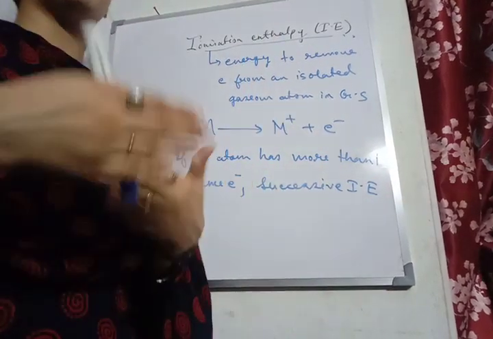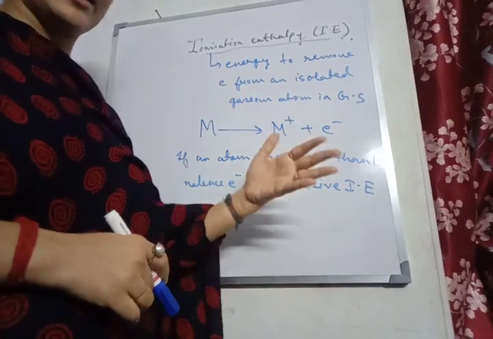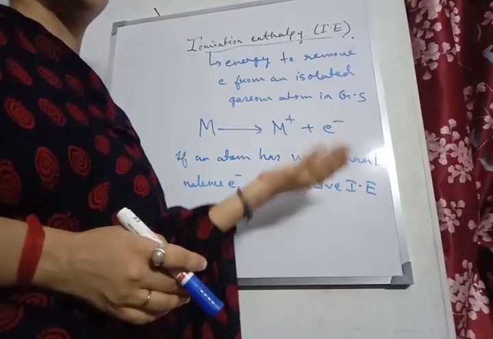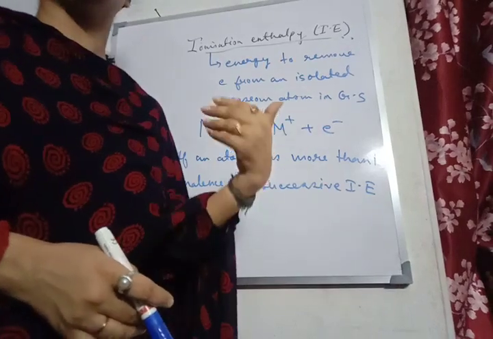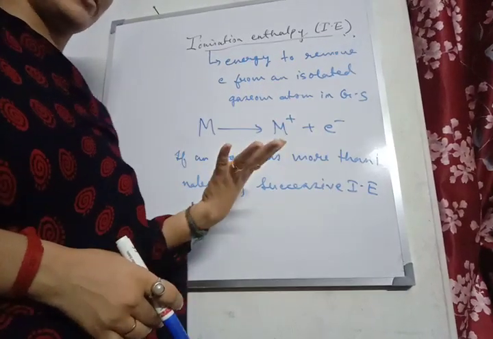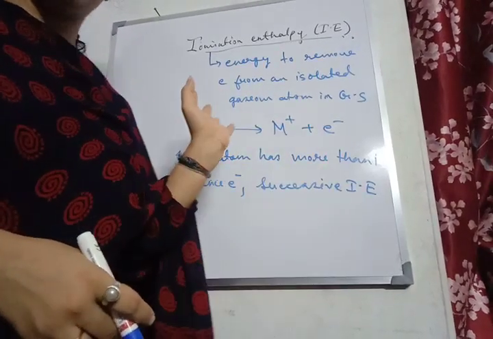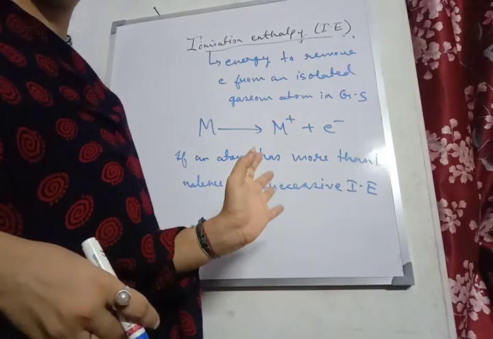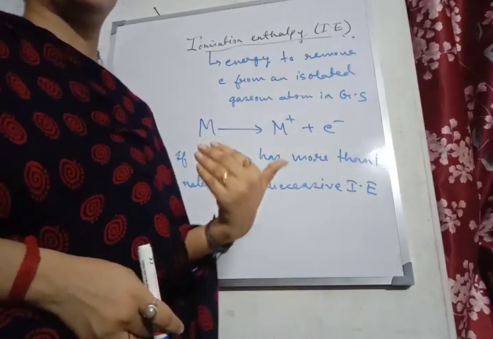Successive means one after the other. It means after removing one electron, we have to remove the second electron. After removing the second electron, we have to remove the third electron. So if an atom contains more than one valence electron, then the ionization potential will be successive. That is, we are going to get more than one ionization energy value.